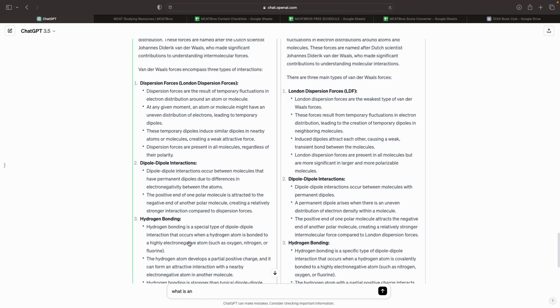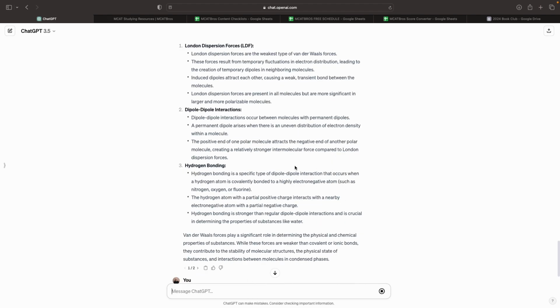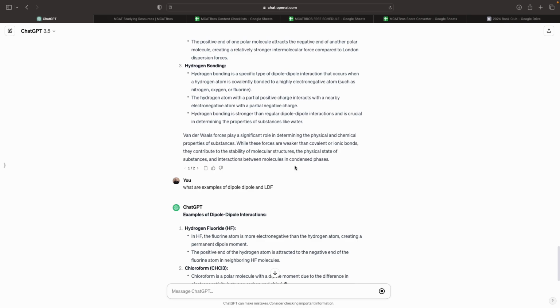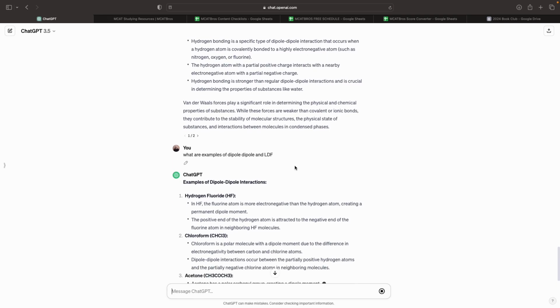Here we have examples now. What are examples of dipole-dipole and LDF? So we have hydrogen fluoride.